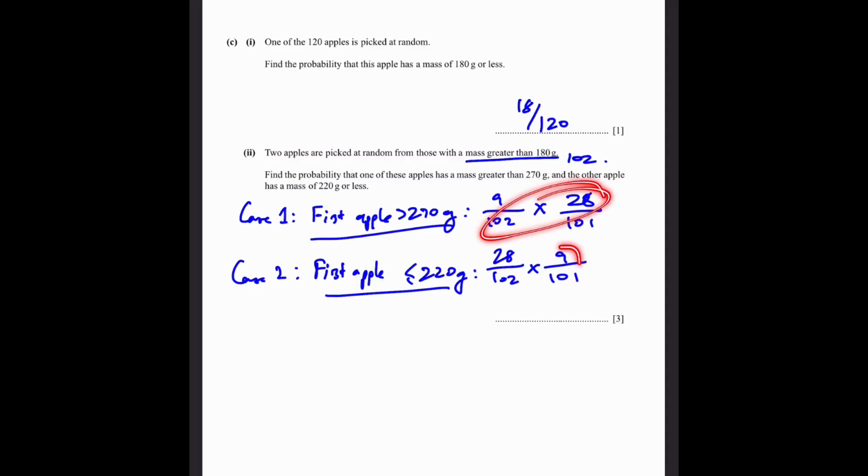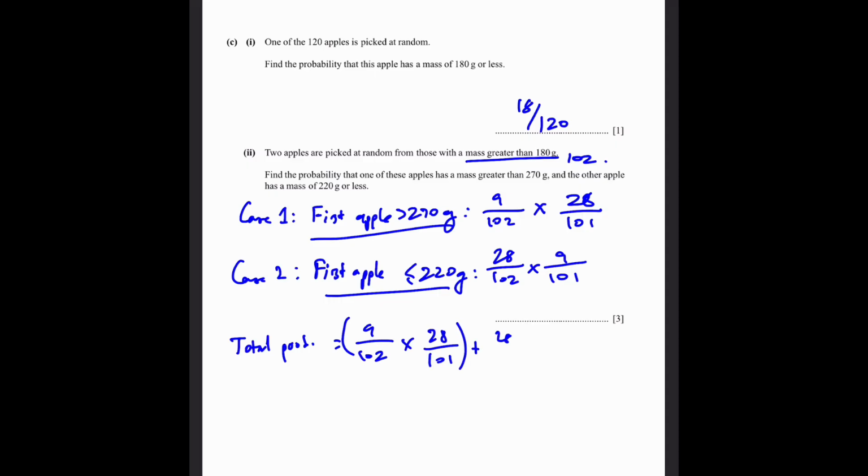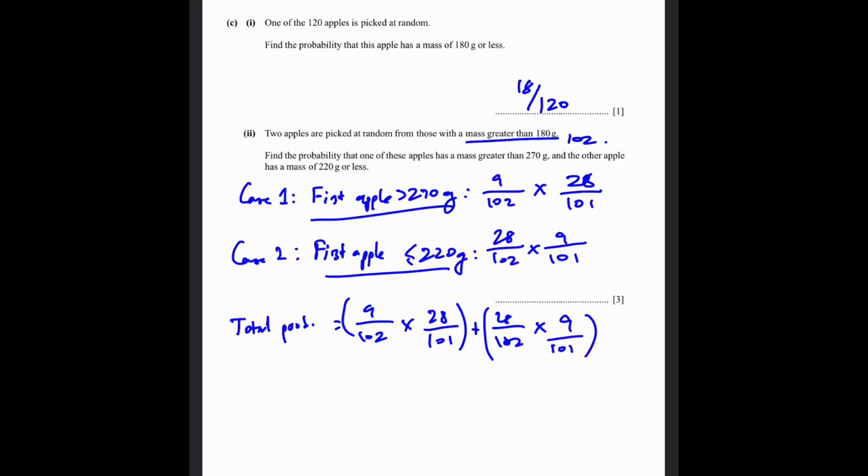And so we have two cases done, and the total probability is going to be equal to the sum of these two. And to do this, we can first simplify the fractions.